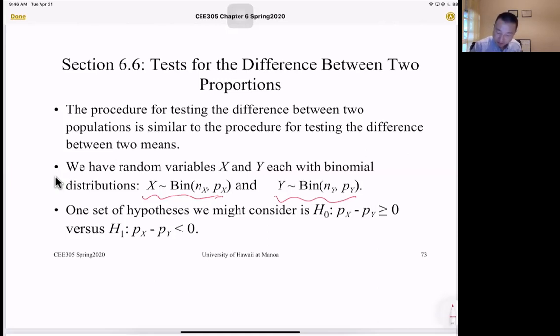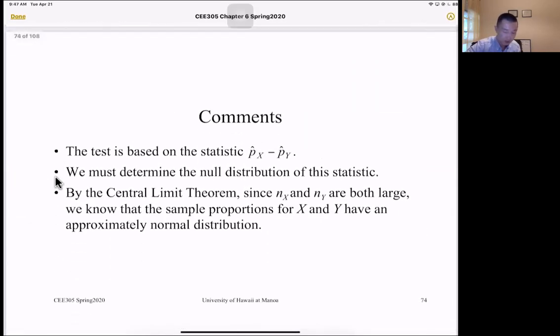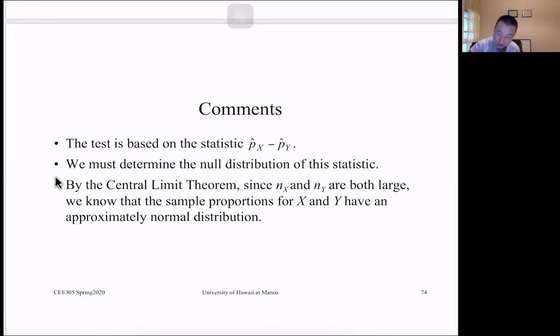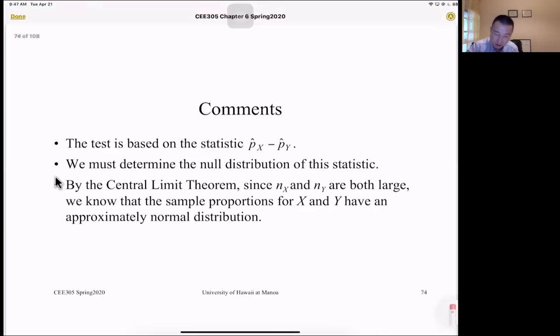And then we might consider the null hypothesis that the difference in population proportions is larger than or equal to 0, and H1 will be less than 0. We do the hypothesis test based on the sample proportions, px and py.